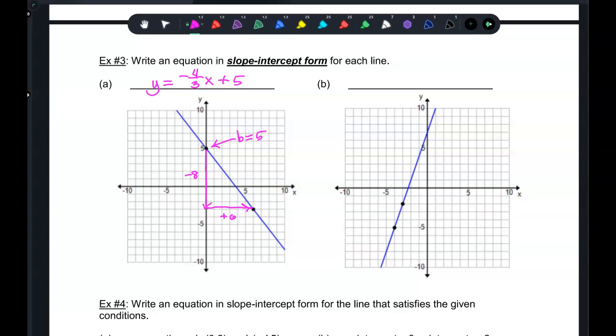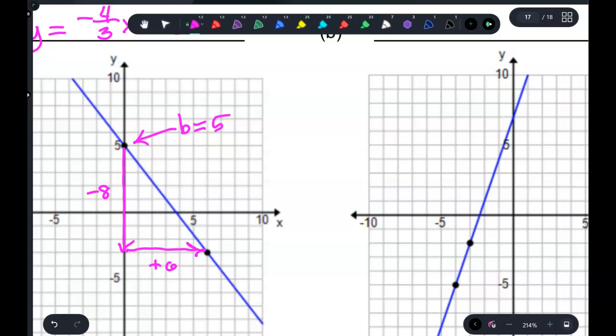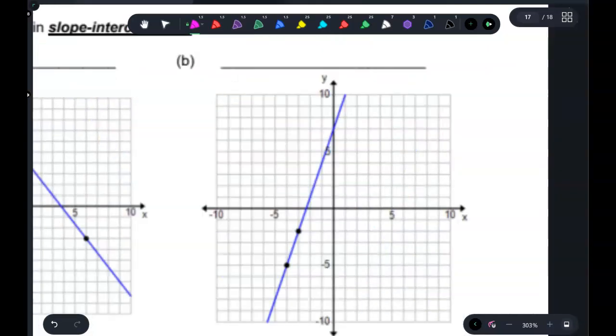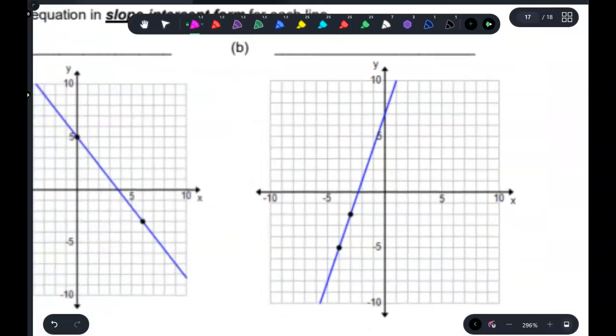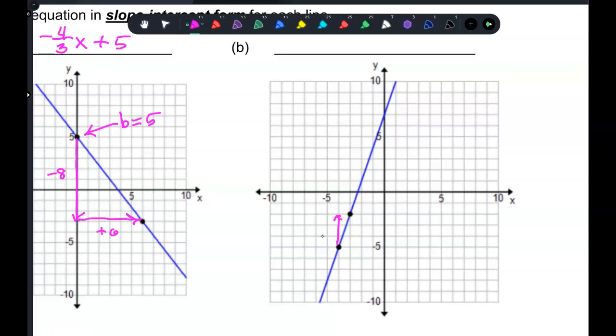So I can find the slope here. And then maybe we can zoom in to see the y-intercept. Let's see. The slope is going to go up 3 to the right 1. And can we locate where the y-intercept is? It's at 7.